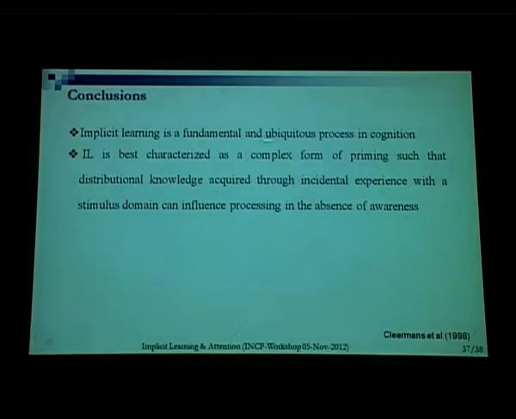Implicit learning is a fundamental and ubiquitous process in cognition, and from an information processing perspective, it's best characterized as a complex form of priming, such that distributional knowledge acquired through incidental experience with a series of stimuli can influence processing or performance in the absence of explicit awareness.